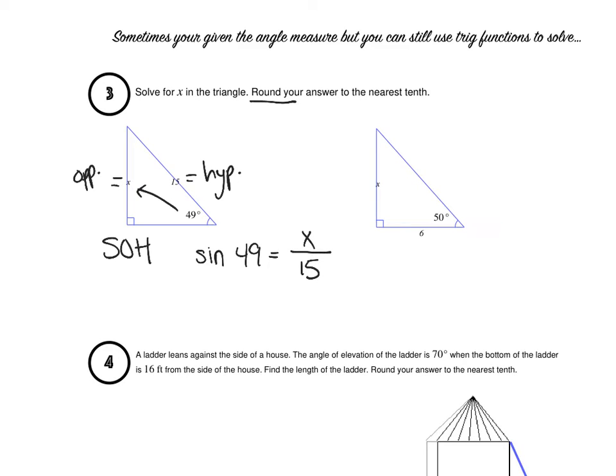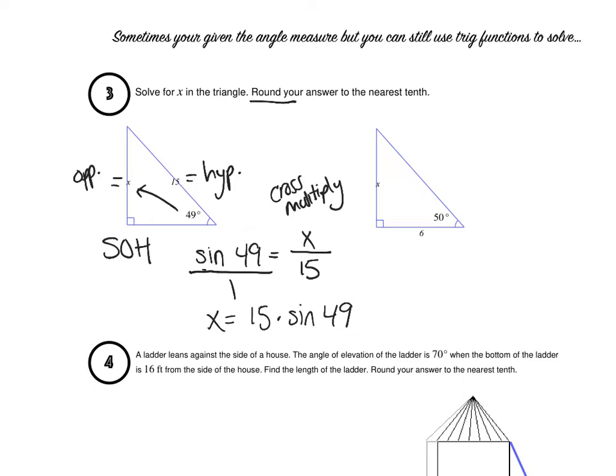Now, we all find it pretty easy to cross multiply. So what I'm going to have you do here to solve for x in order to get x by itself is put the sine of 49 over 1 and cross multiply. So if I cross multiply, I've got x equals 15 times the sine of 49 degrees.